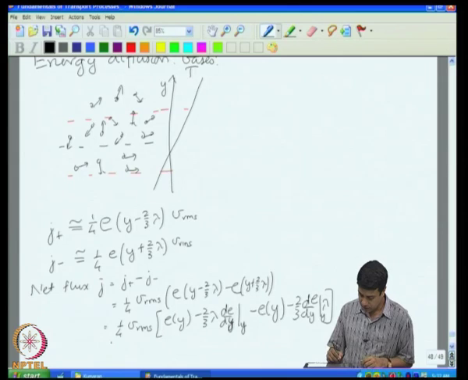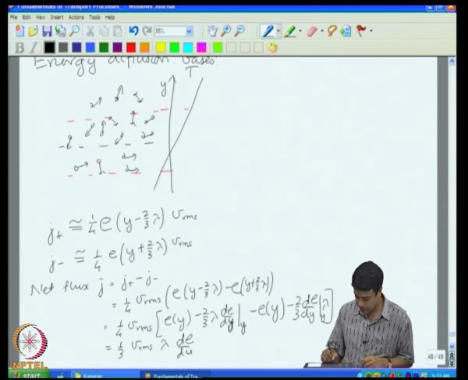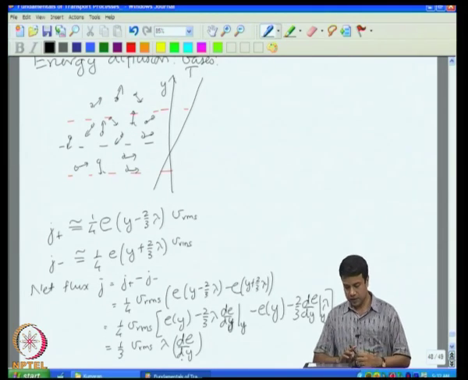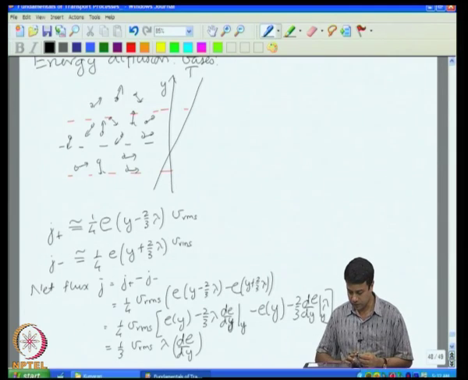And if you put all of this together, you will get approximately 1 by 3 Vrms lambda times dE by dy, where E is the specific energy, energy per unit volume.